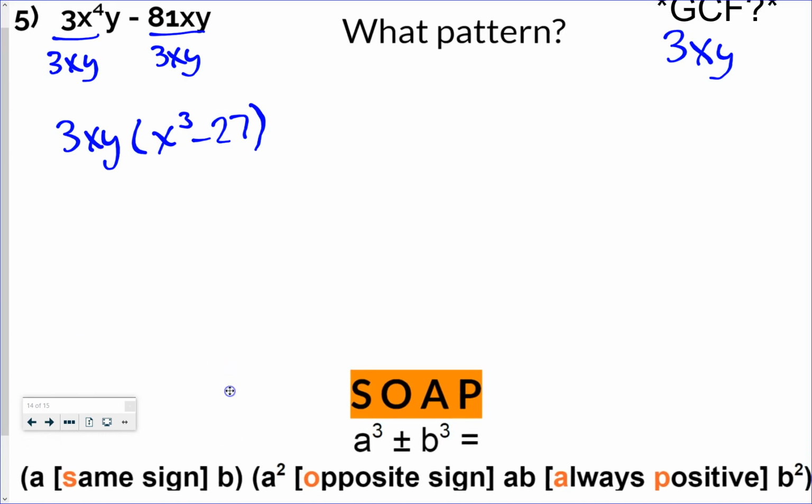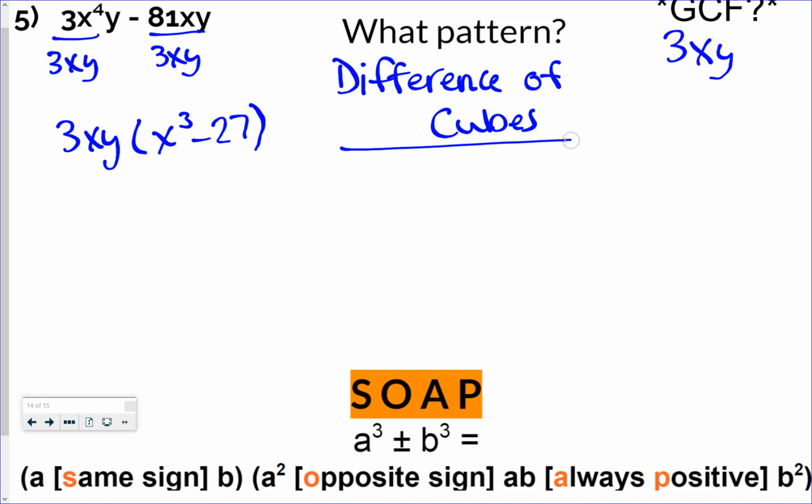Okay. So now, do we have a difference of squares or cubes? Cubes. A difference of cubes. Yep, we have a difference of cubes. So I'm going to just write the formula up here to help me. So I'm going to have a minus b, right? Then we're going to have a squared, ab, then b squared.